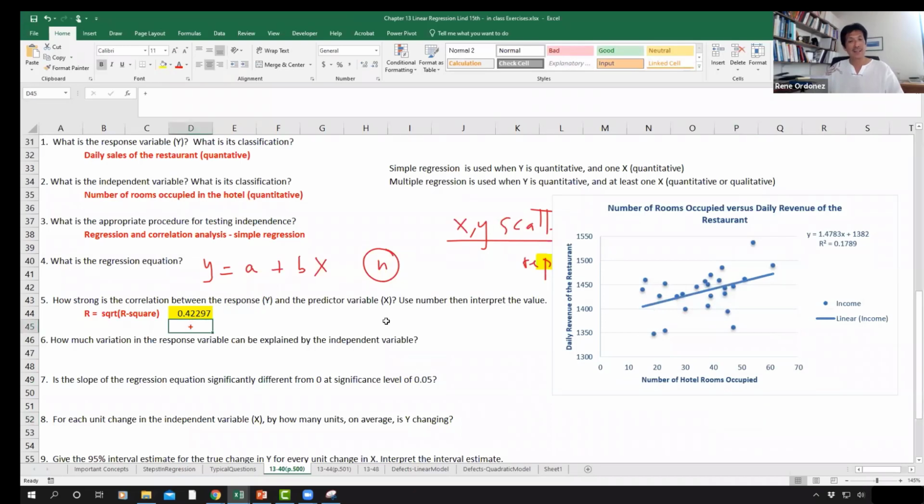So we'll say that the relationship between x and y is direct, or also you can say positive. So as far as the interpretation of the 0.4297, what kind of word would we describe the strength of the correlation?